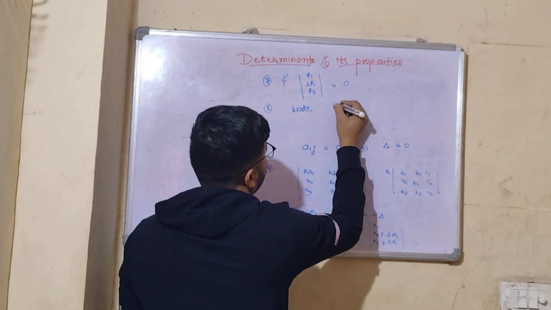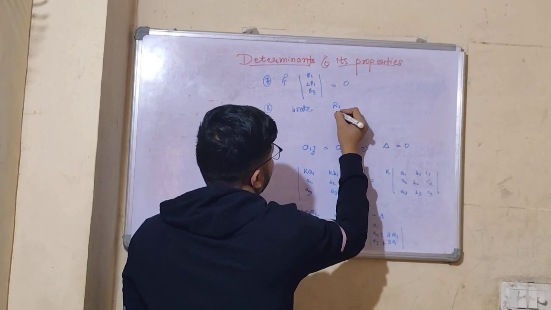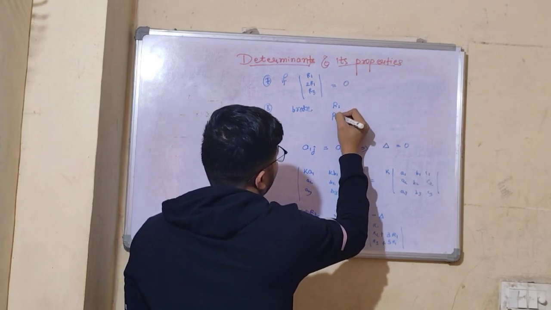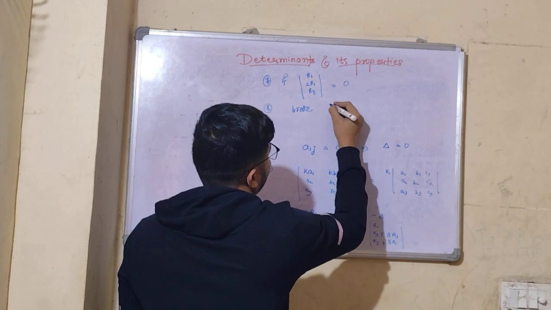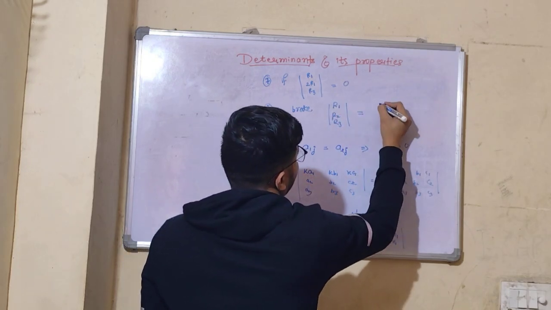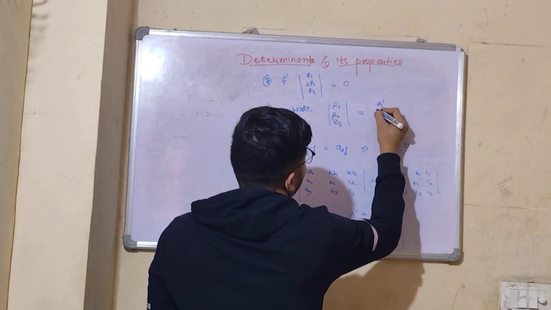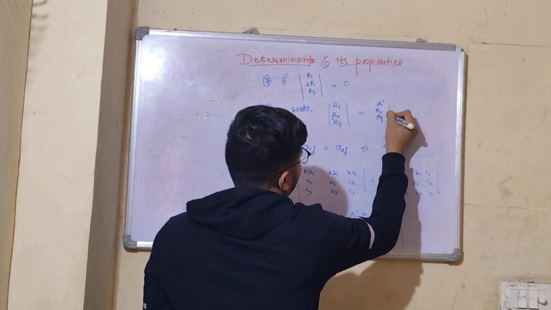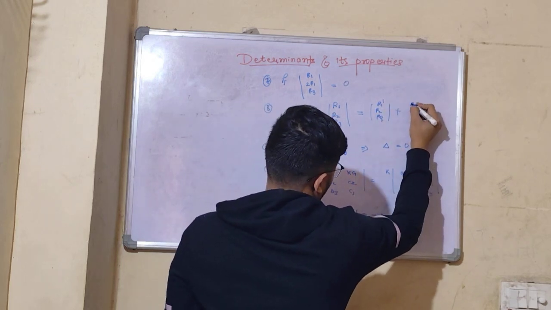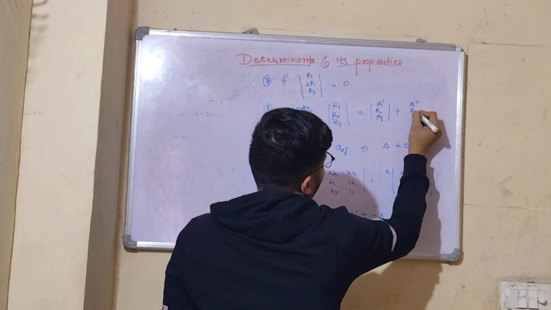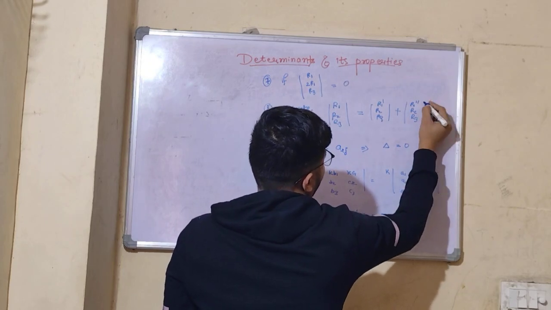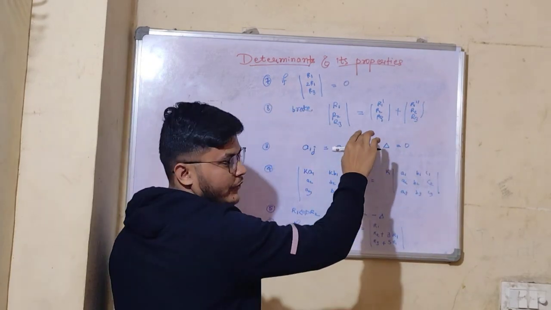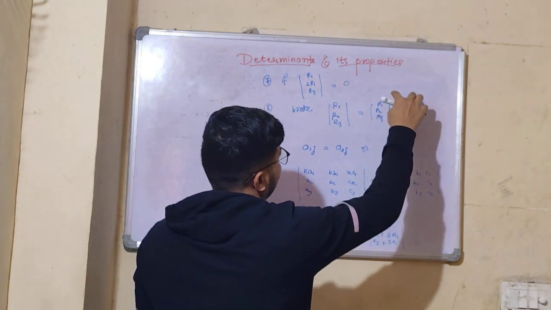What I am going to say is that suppose this is our row 1, row 2, row 3, and this is our determinant. So we can also write it as R1 dash, R2, R3, plus R1 double dash. So I have broken it into two parts with respect to row 1.